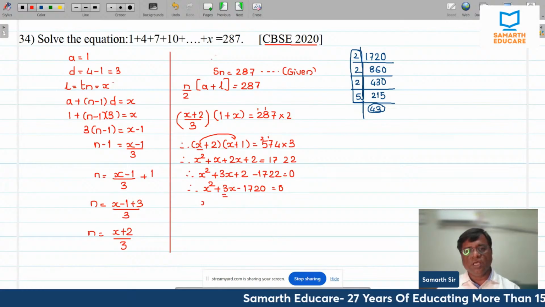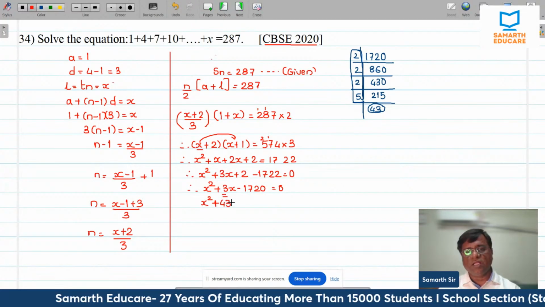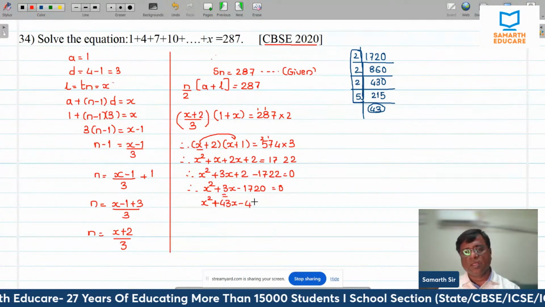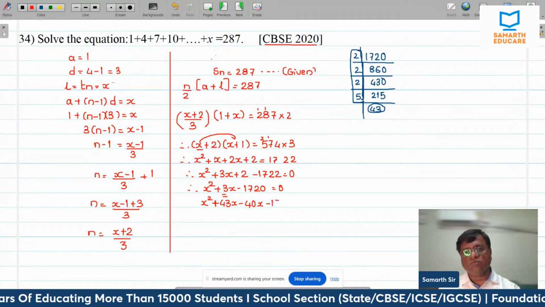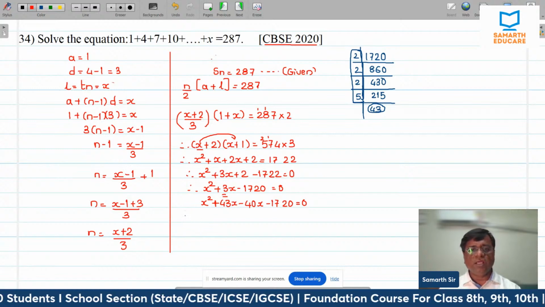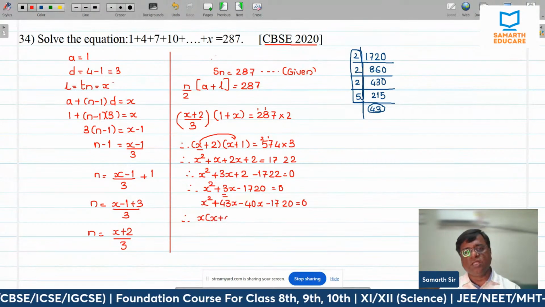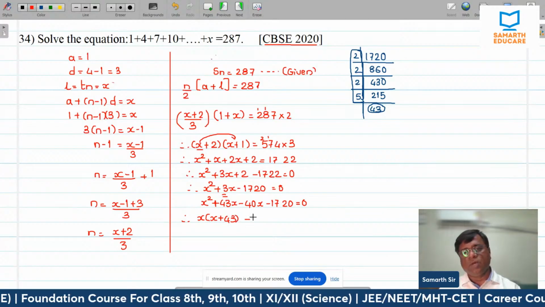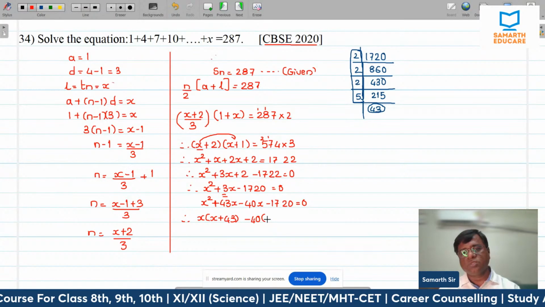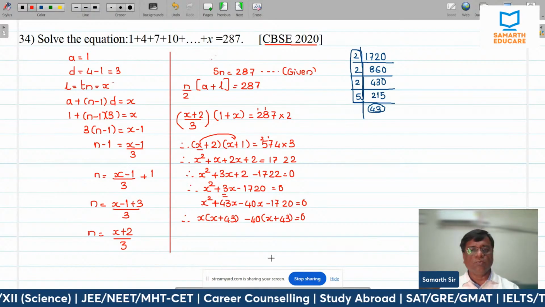So naturally x square plus 43x. So the factors are 43 and 40, minus 40x minus 1720 is equal to 0. So if I take x common from the first two terms, it becomes x plus 43. Minus 40 from the next two terms, it becomes x plus 43 is equal to 0.